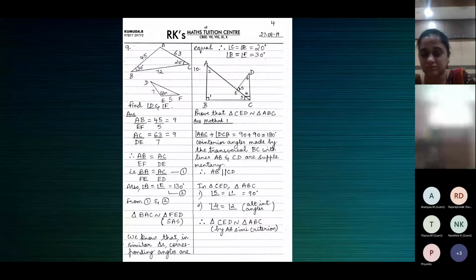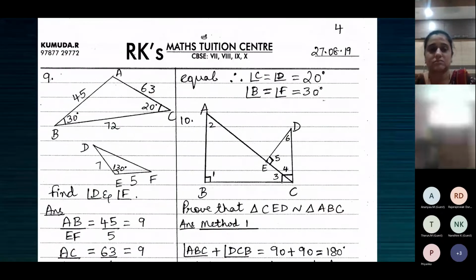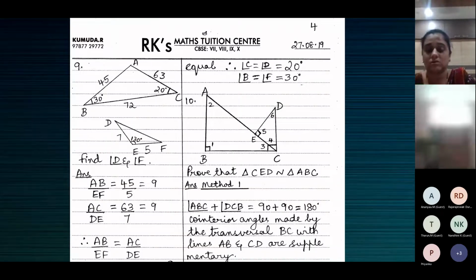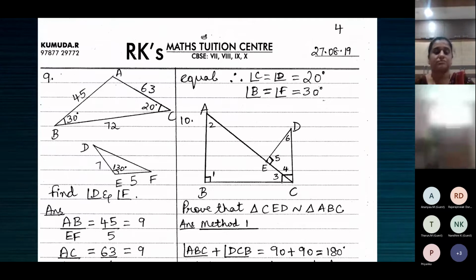Do the 9th and the 10th one, children. Please take down the 9th and the 10th question and start working the 9th one.